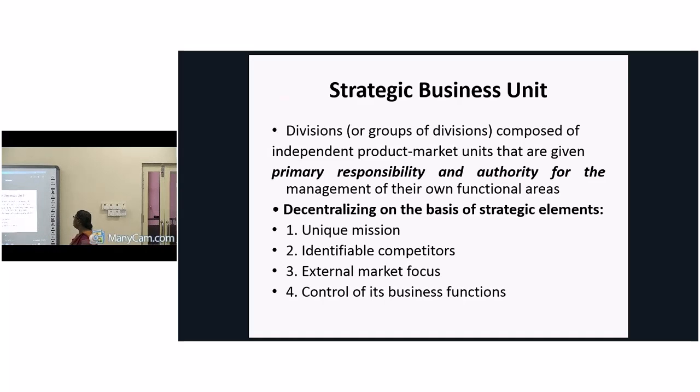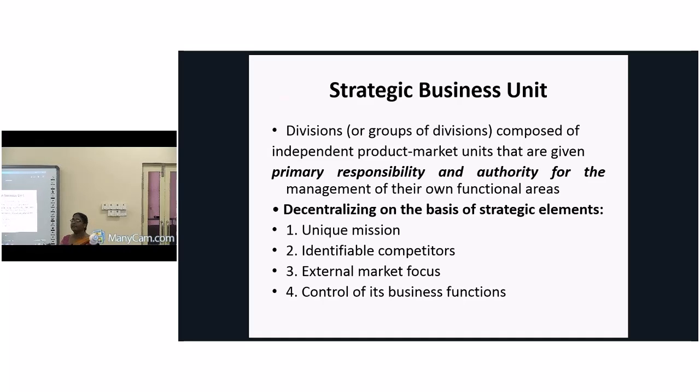Divisions composed of independent product-market units are given primary responsibility and authority for the management of their own functional areas. Most larger corporations have SBUs.